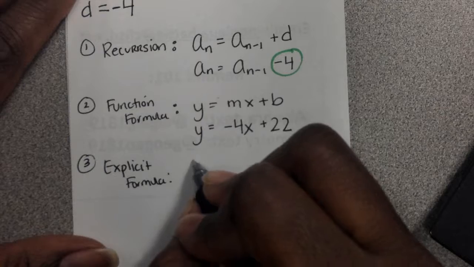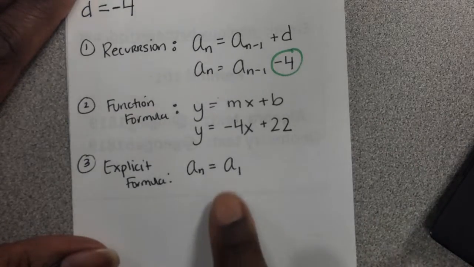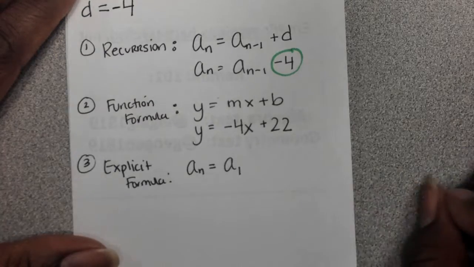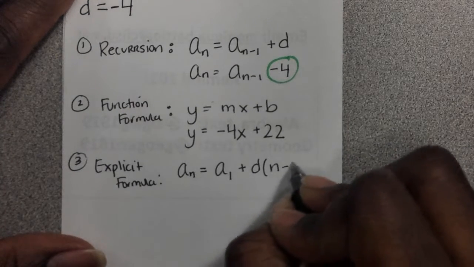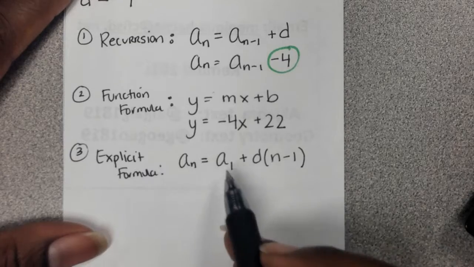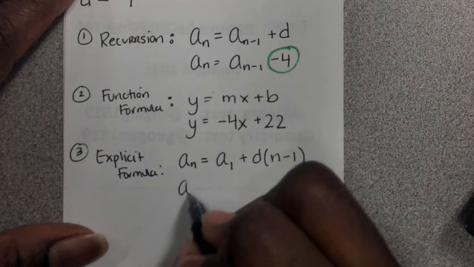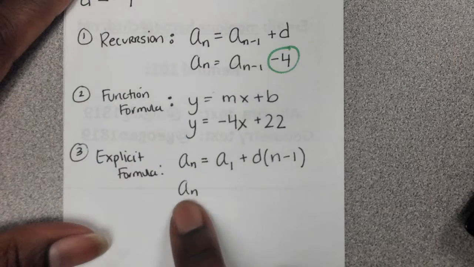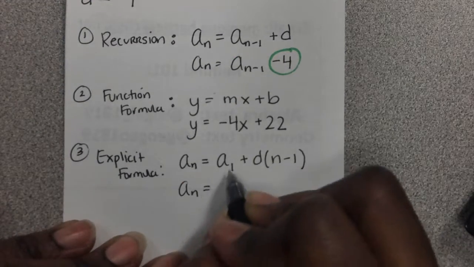So the explicit formula is a sub n equals a1, which we do know what a1 is, plus d parentheses n minus 1. And there's only 2 things that need to get plugged into the explicit formula. A sub n just means that's the term we're going to be looking for. It's any term we're looking for. However, what is a1?